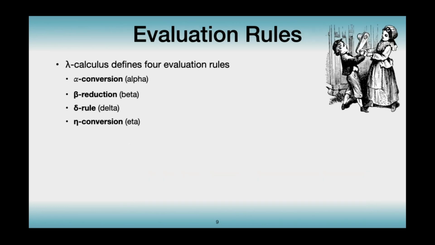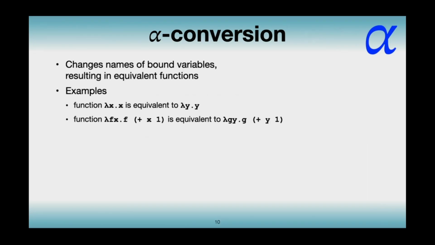So there are 4 evaluation rules that Lambda Calculus defines, and so if you want to be very precise about what's happening at each step in an evaluation, you would say that they're one of these 4 types. So an alpha conversion is what we just saw, where you're just renaming things. And so if I've got this function x that just returns x, well, I could write it with y's, and I didn't change anything. I just renamed the parameter.